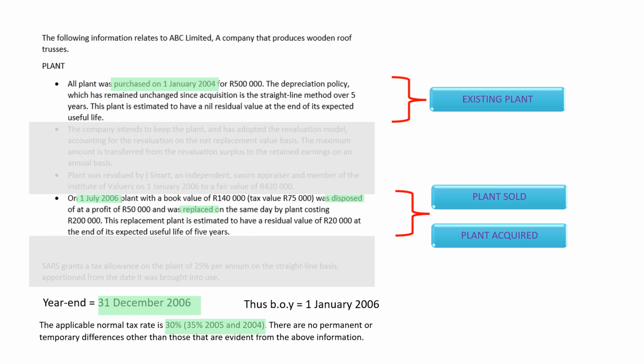So bear in mind that there are three transactions happening here, and we need to be able to account for these three separately and accurately. So now let's go into detail with each of these paragraphs one by one, and I will take you through how you need to plot them onto your timelines.